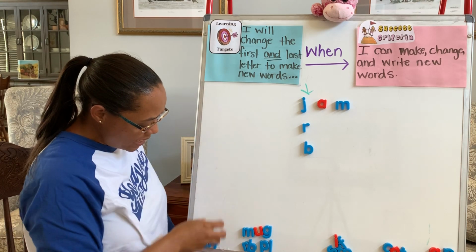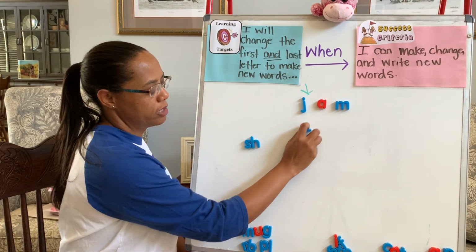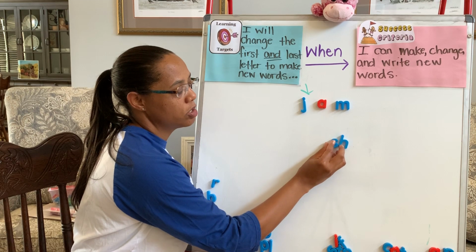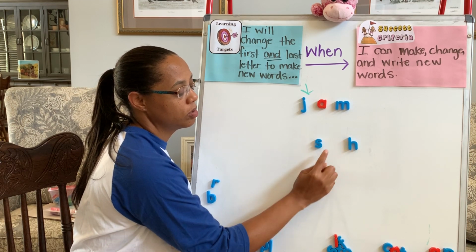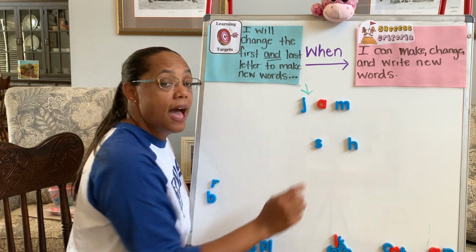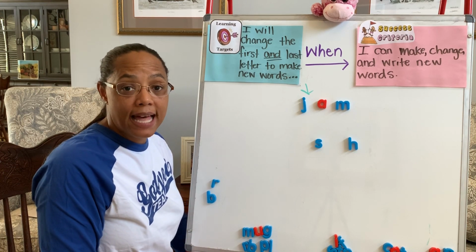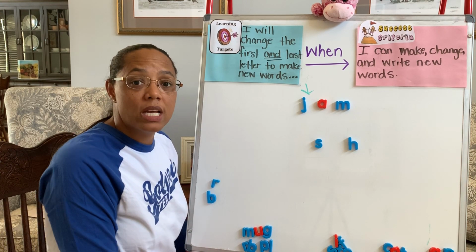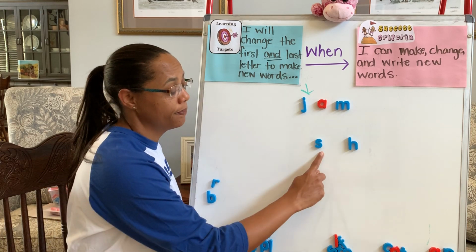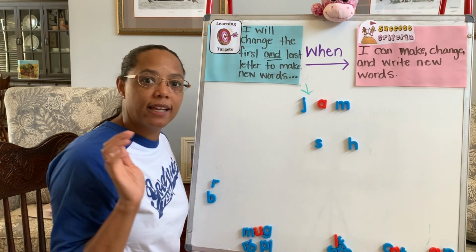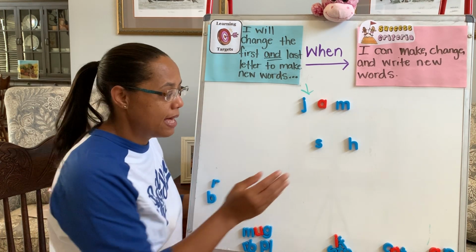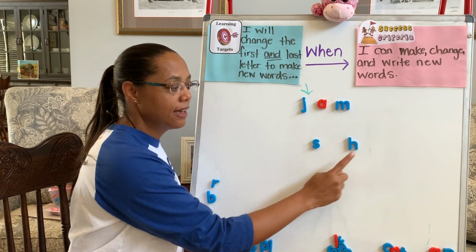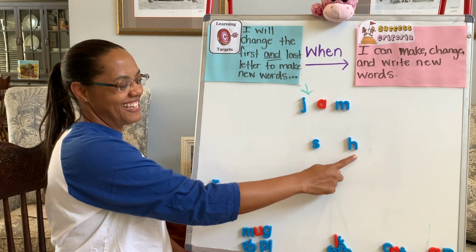Now, which one of these letters here am I going to change it to make ham? Give me a clap when I point to the letter I'm going to use to make it ham. Where did everybody go? Nobody's clapping, so that must not be the S. There it is.